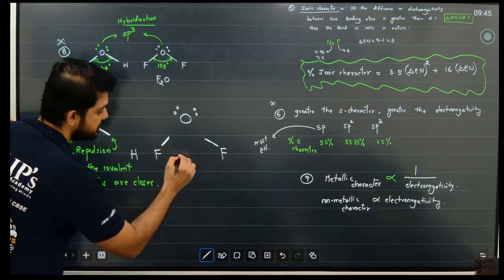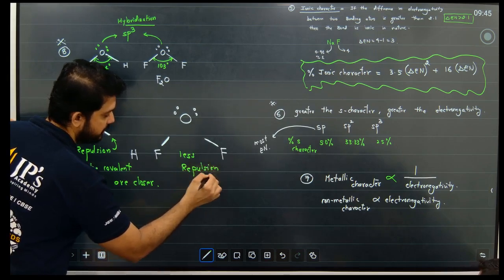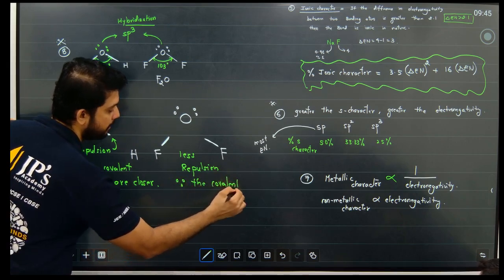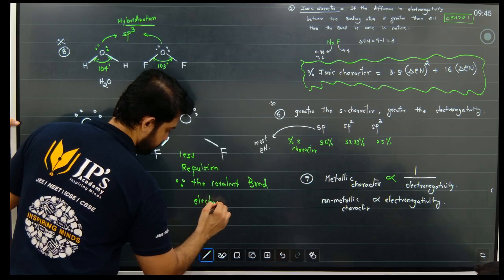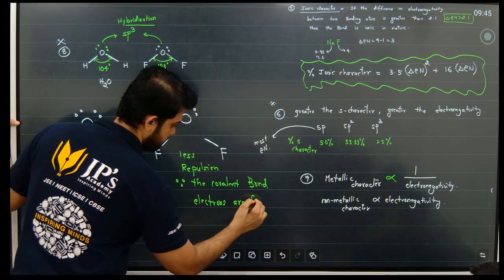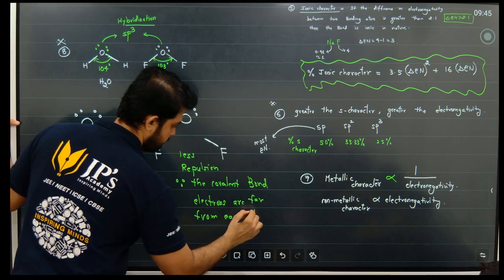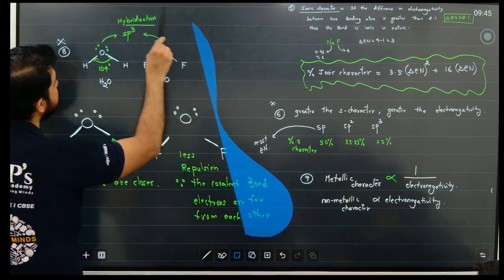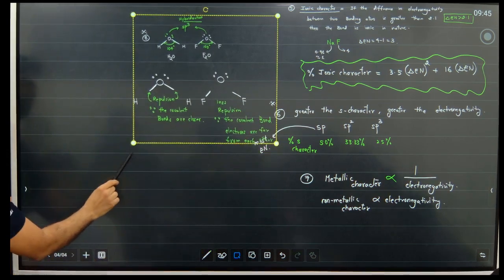So here there is less repulsion since the covalent bond electrons are far from each other. Did you people get that? Yes or no? Anyone who did not understand this?